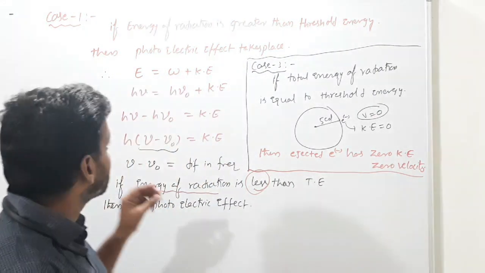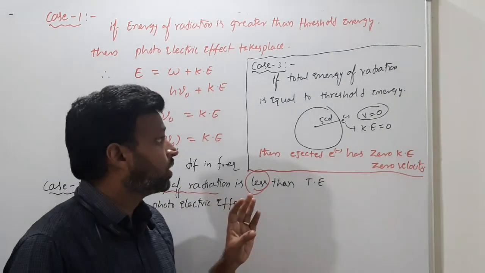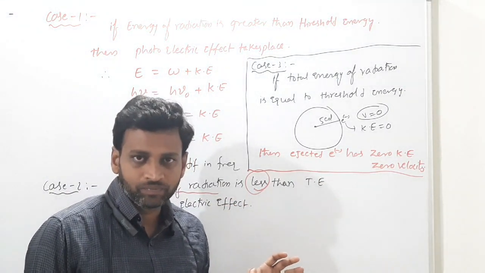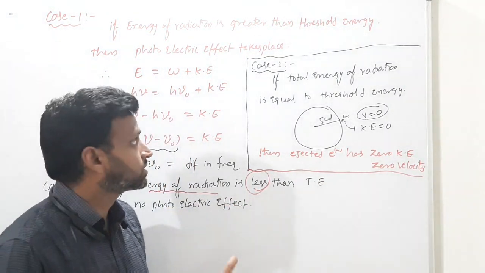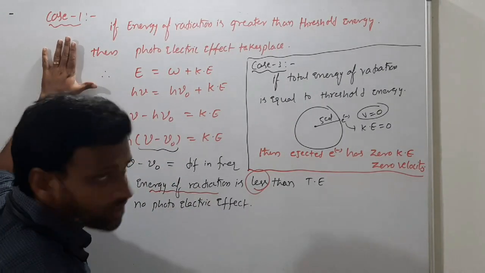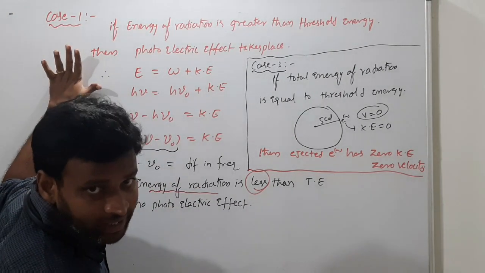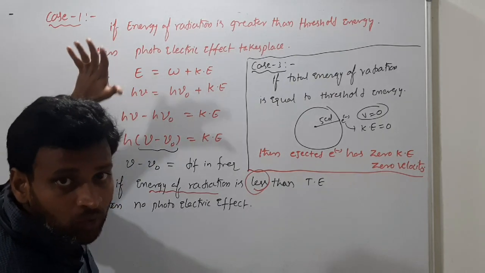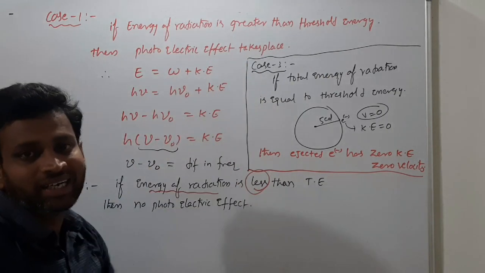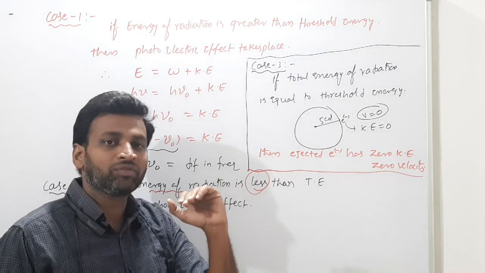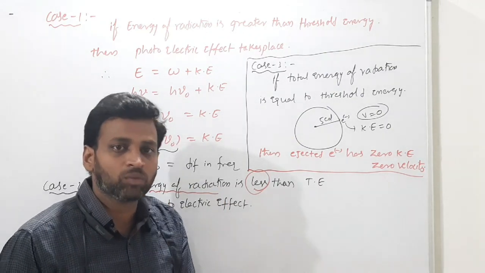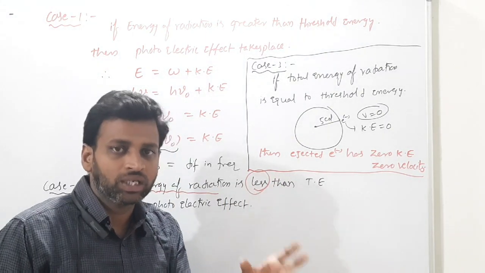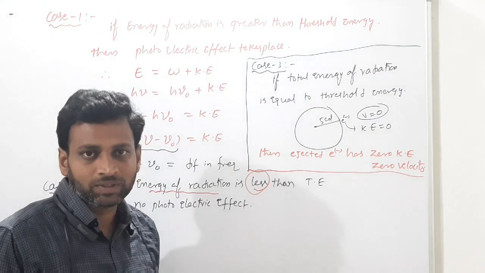Got it, sir, clearly? So these are the three cases we discussed. The first case is when photoelectric effect takes place: if we have more money than required, photoelectric effect takes place. Like, the energy of radiation you are sending is more than threshold energy.